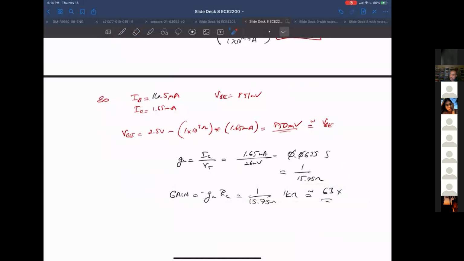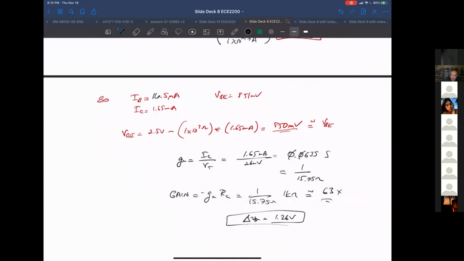So now, if I put my microphone with my 20 millivolt input onto this thing, the delta V out is going to be like 1.26 volts.